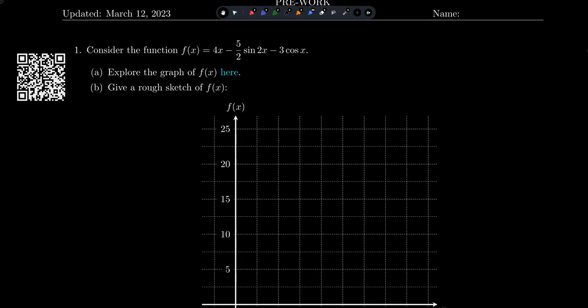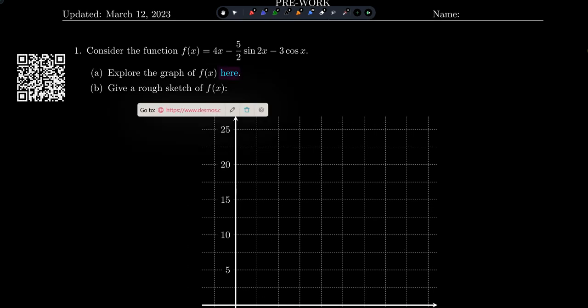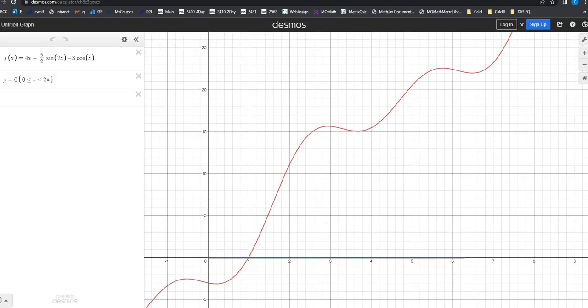So let's just quickly take a look at this graph here. You should have a hyperlink or a QR code to take you to that, so we can click on that here. And here you can see the graph of that function. One thing that I've done is I've sketched the graph of the function here in red, and you can see that because of this sine of 2x and this cosine of x, this graph has an oscillatory component to it.